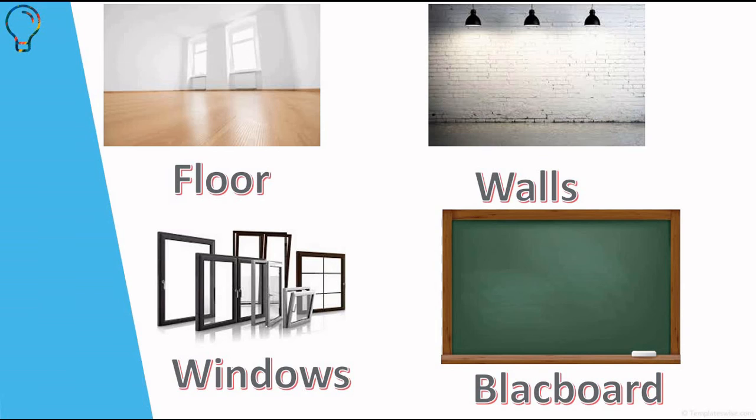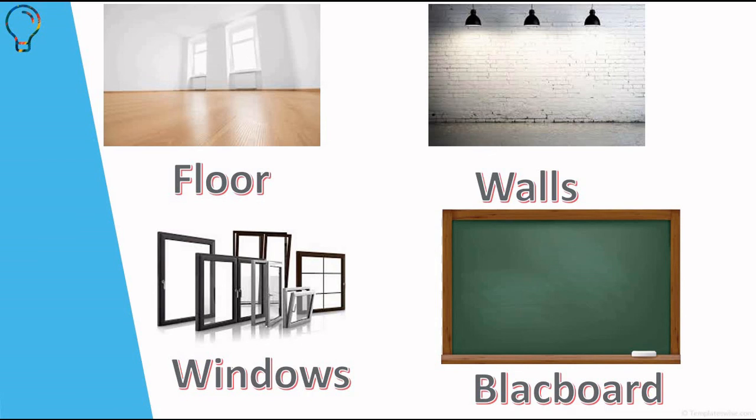So just look around you and you'll find so many objects in the shape of a quadrilateral, like the floor, walls, ceiling of your house, windows of your house, the blackboard, and each face of the duster if you have a blackboard in your house. Each page of your book and the top of your study table and even the laptop or mobile you're watching, etc. There are so many quadrilaterals around you.